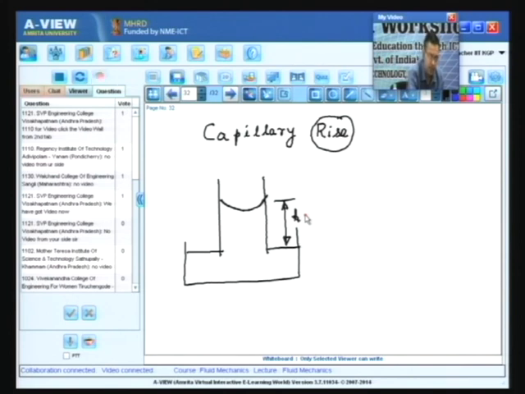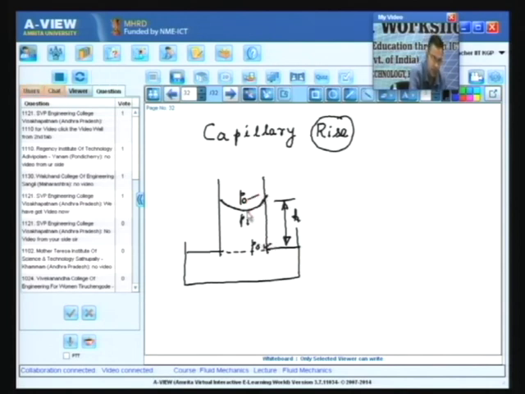Now, it is clear. Let us use our previous notation. This is PO, this is PI. What is the pressure at this surface? This is also PO because the atmospheric pressure acts here. So, here the atmospheric pressure is there, here the atmospheric pressure is there.